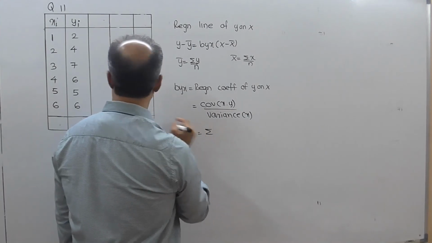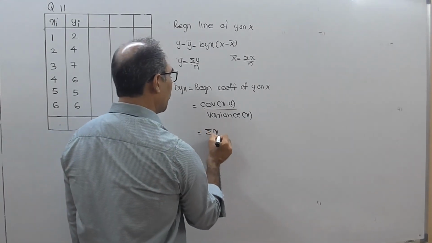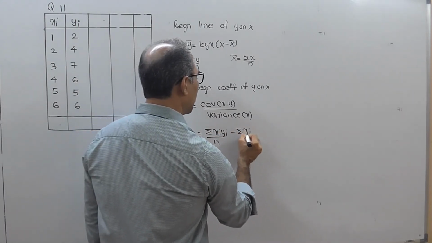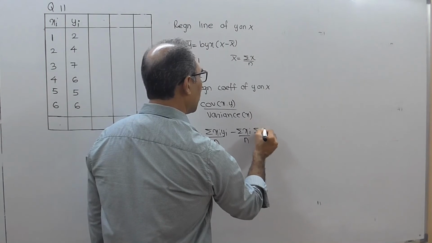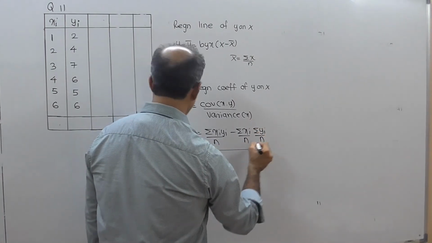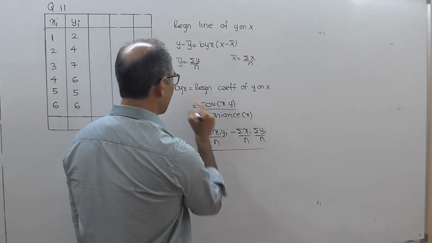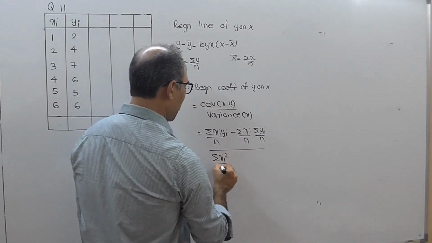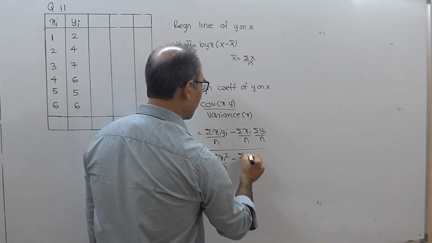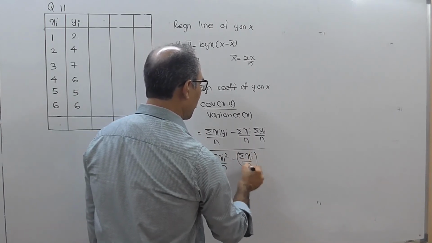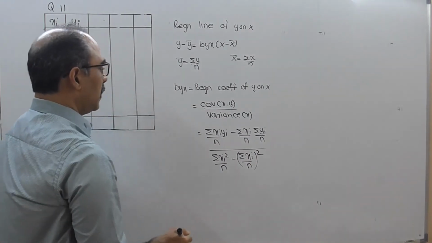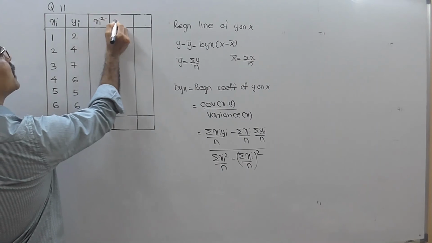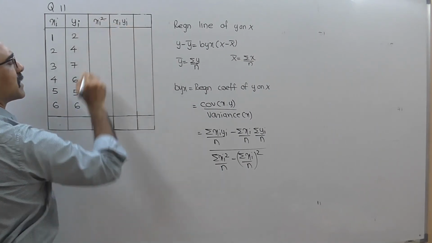I think the numbers are small, so we can go for the formula sigma xi yi upon n minus sigma xi upon n times sigma yi upon n, the whole upon sigma xi square upon n minus sigma xi upon n the whole square. So as per the requirement of the formula, you have to make a column for xi square and a column for xi yi.